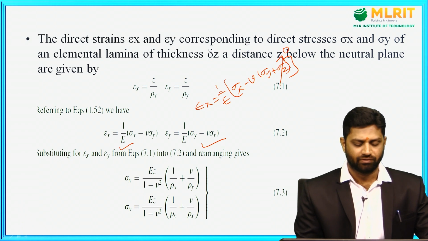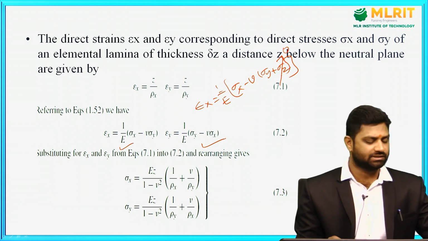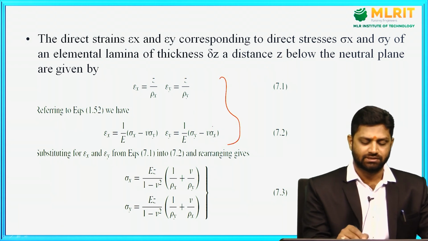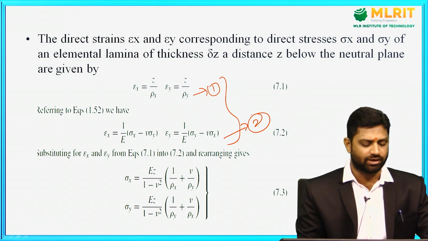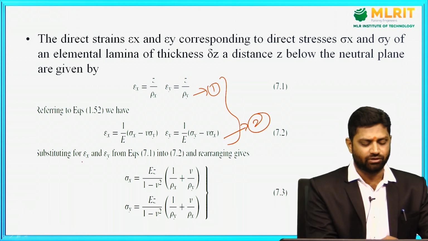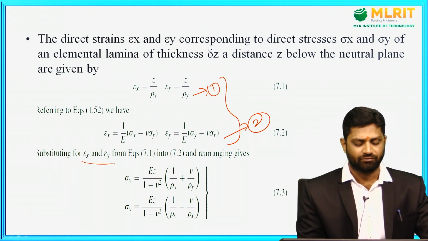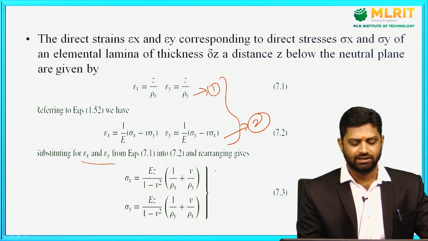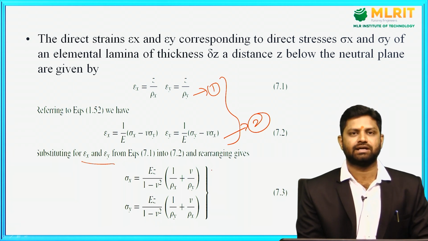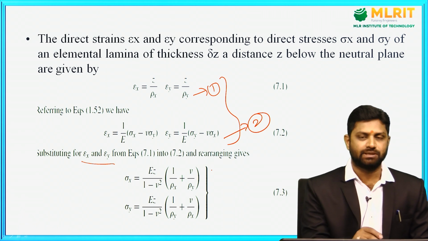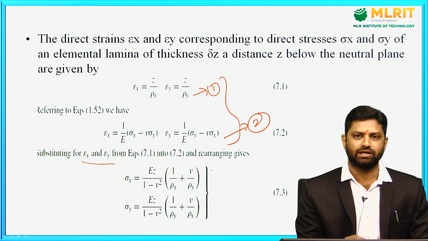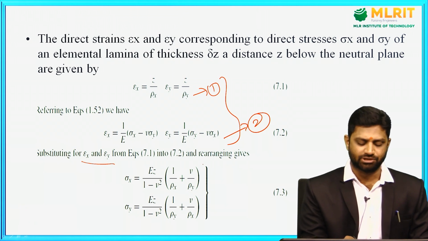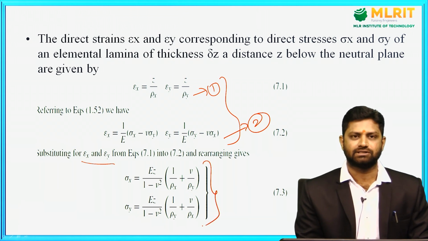Now by considering these two equations, equation 1 and equation 2, we are going to substitute for epsilon x and epsilon y from the first equation into the second equation and rearrange the terms. You are going to get the expressions for sigma x and sigma y.